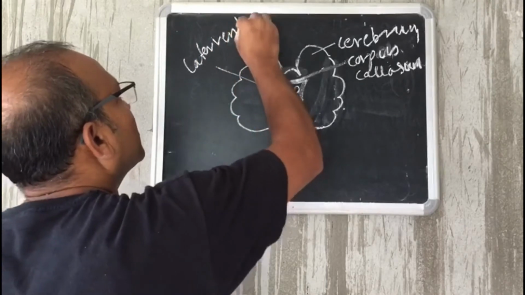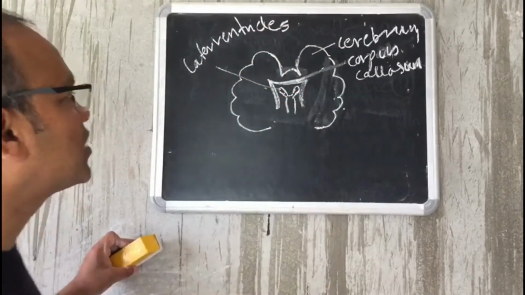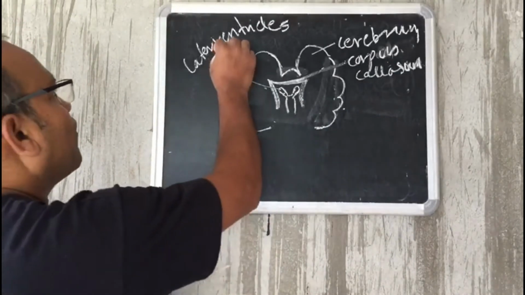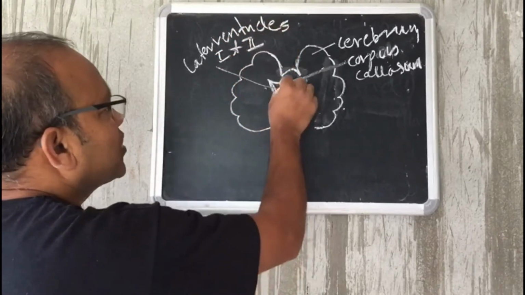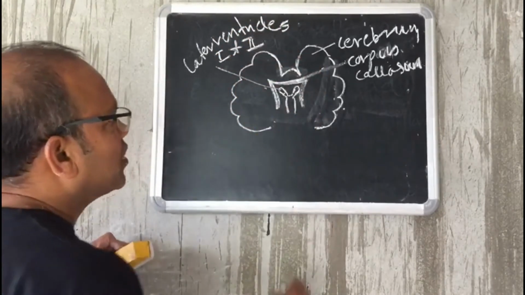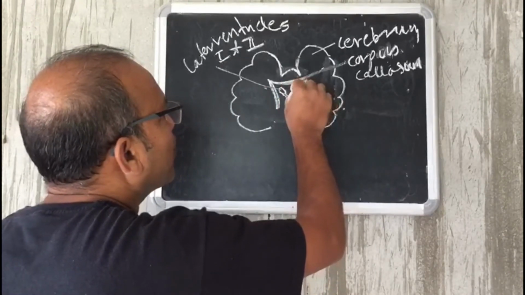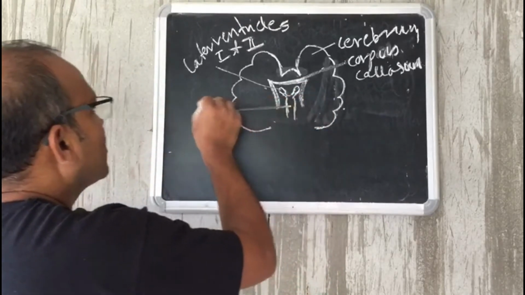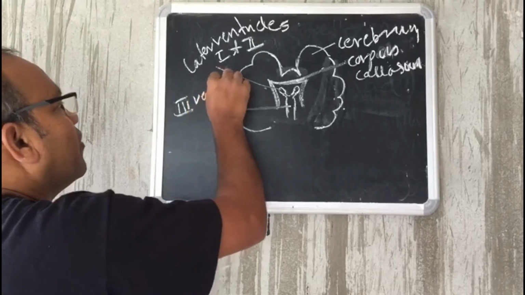These spaces are called the ventricles. These lateral spaces inside the brain are called first and second ventricles. These 2 ventricles open up into a 3rd space that is called the 3rd ventricle.